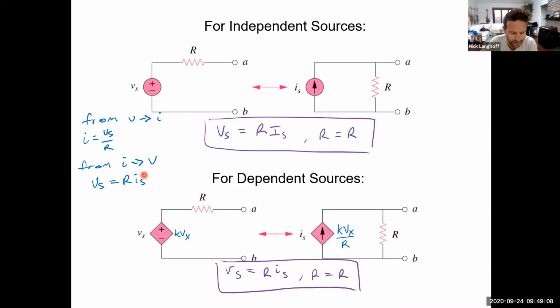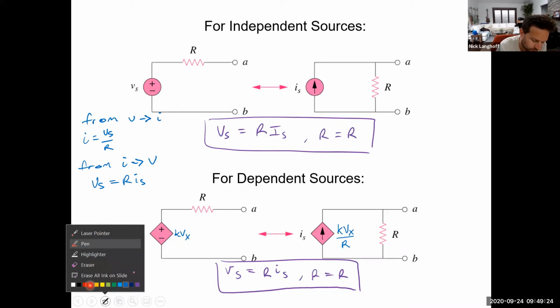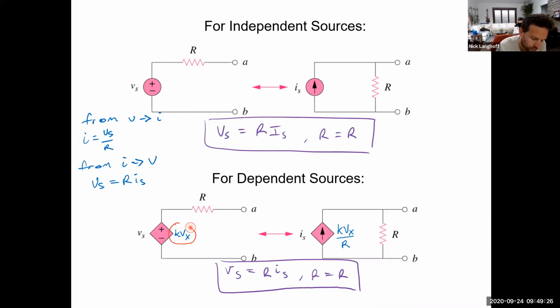Now, if you have dependent sources, so let's say you have a source like this, like KVX there, then this source over here is going to be, if I just circle this here, so that's the voltage source, right? Let's say it's like 4 Vx or something like that. So K would be 4.